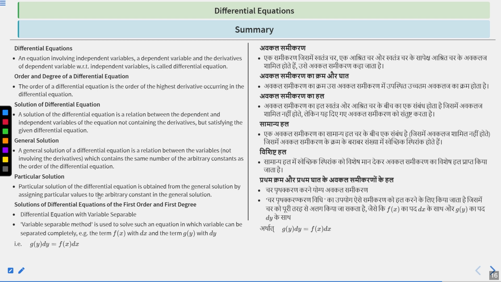A general solution is a relation between the variables not involving the derivatives, which contains the same number of arbitrary constants as the order of the differential equation. The particular solution is obtained from the general solution by assigning particular values to the arbitrary constants.